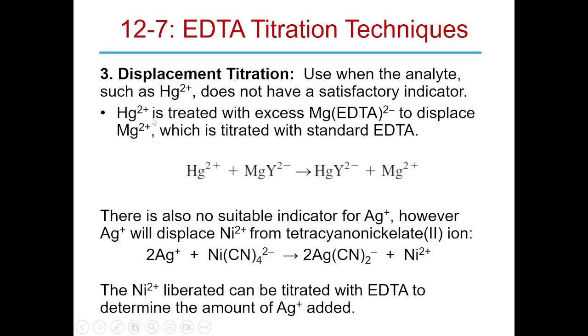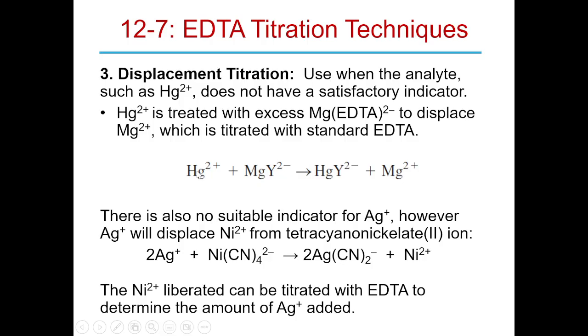So what we can do instead is treat the mercury 2+ with excess magnesium bound to EDTA. The mercury is going to displace the magnesium 2+. This is then going to be titrated with standard EDTA.